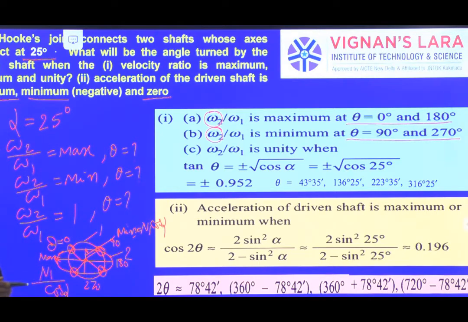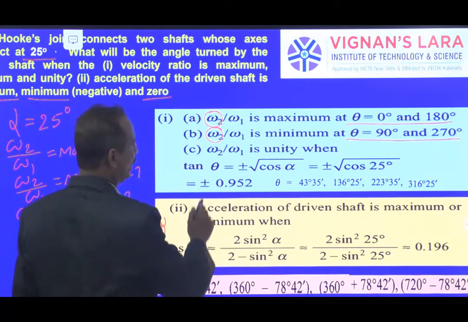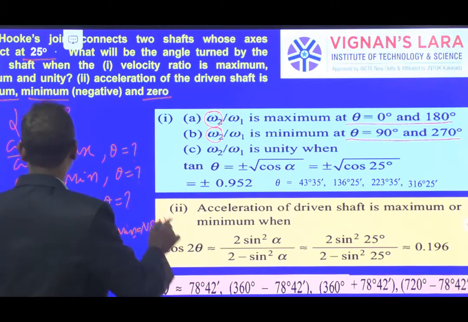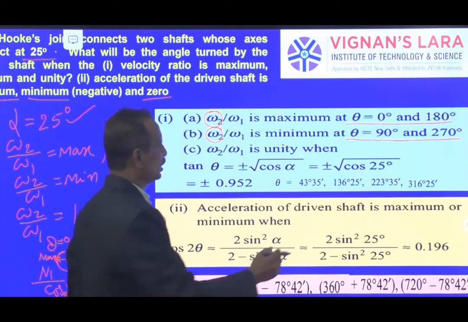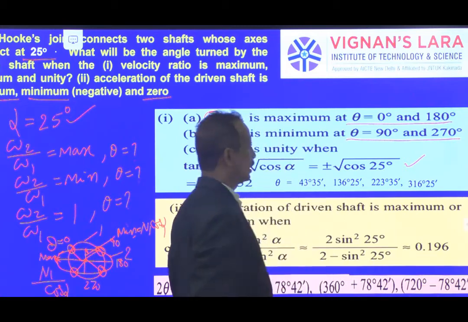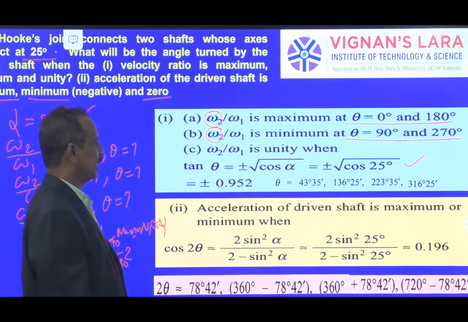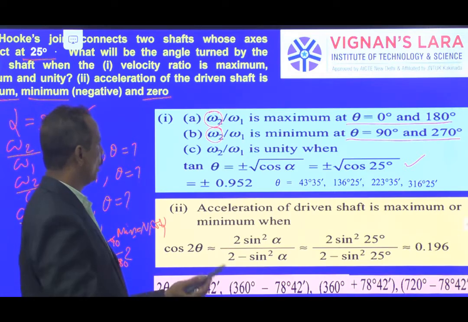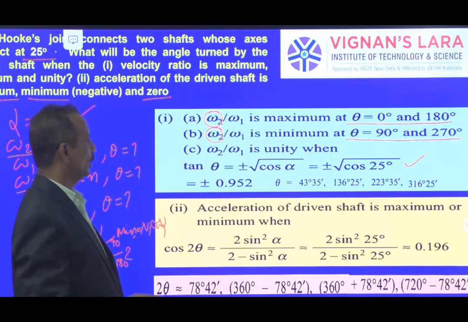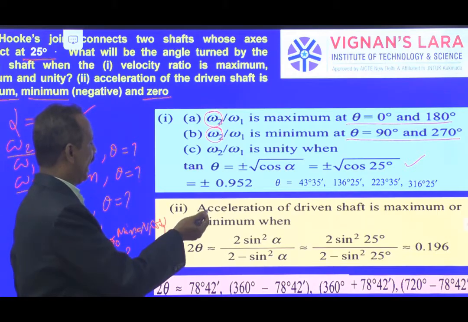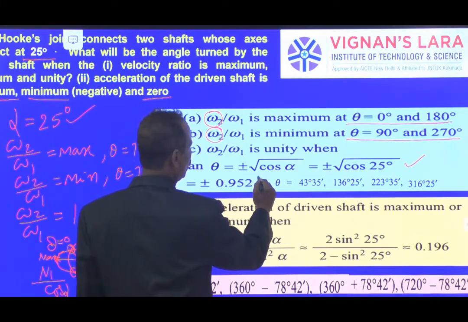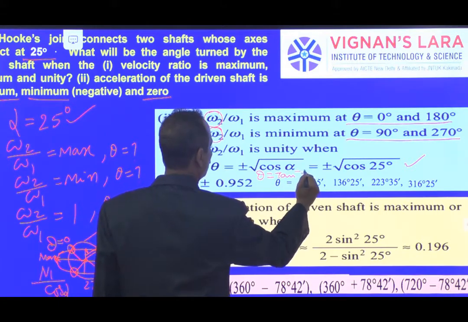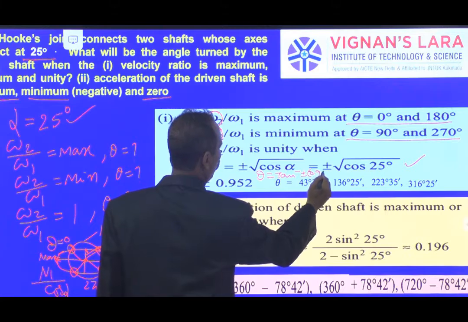That is given by the equation tan θ equals plus or minus root cos α. α is already given in the problem. Just simply substitute it: cos 25 degrees with plus or minus root, then it gives 0.952. So θ is equal to tan inverse of plus or minus 0.952.